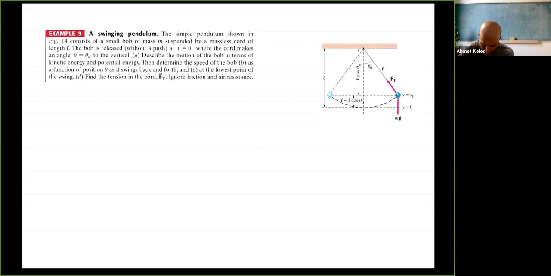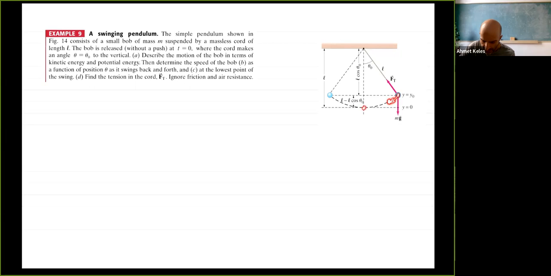This is an example where the kinetic energy we introduced makes it really easy, right? So I describe the motion of the bob in terms of kinetic energy and potential energy. This is easy. Here I have potential energy and 0 kinetic energy. It's completely stationary at this point, but the height, I take my reference point at the lowest point, y equal to 0. It's completely potential energy. As it starts decreasing, some of this potential energy will convert to kinetic energy, and the speed will be non-zero.